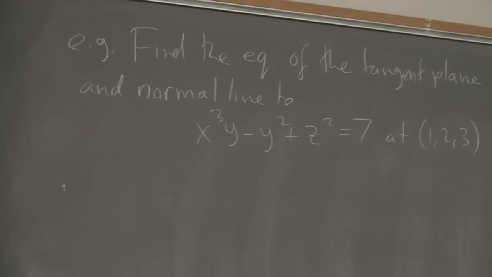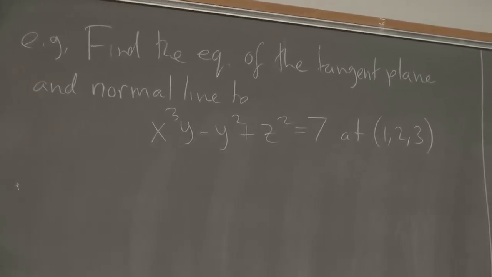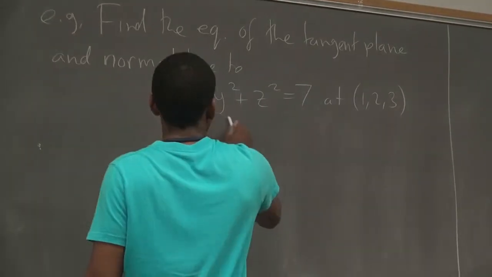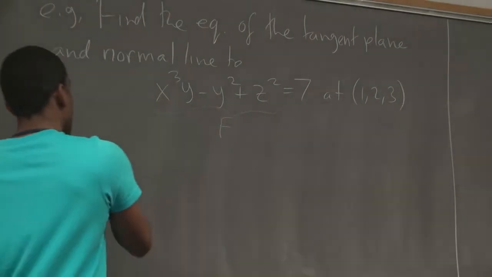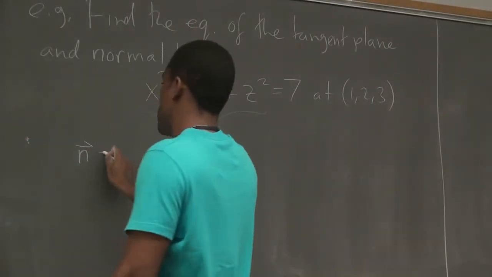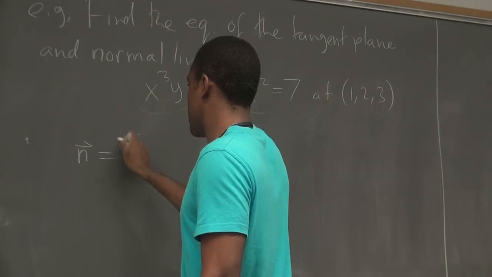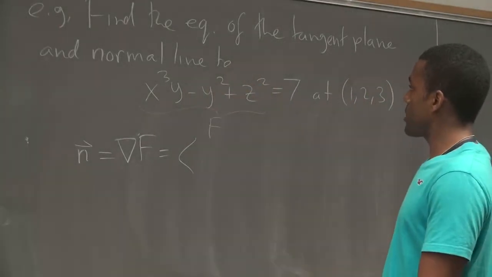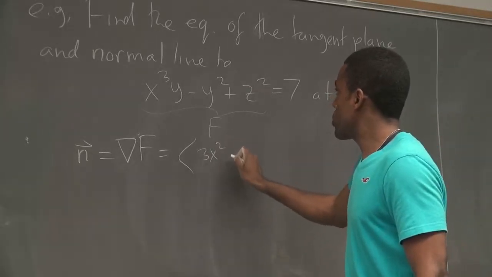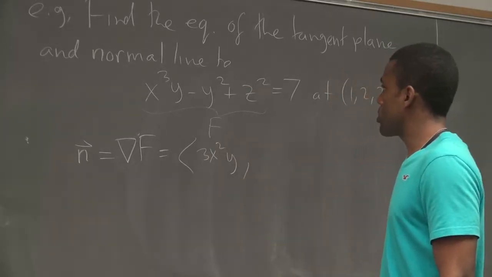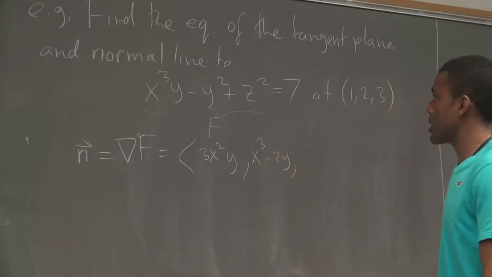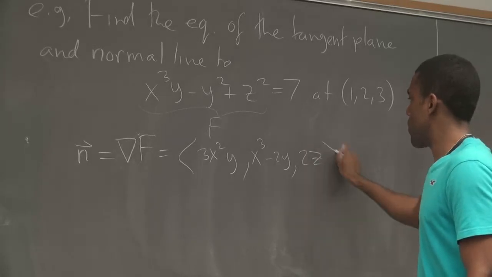Okay, quickly, tangent plane. Take this guy as your big F. So the general formula for the normal vector is going to be that guy. I'm going to take partial with respect to x, 3x squared y, comma, partial with respect to y, x cubed minus 2y, comma, partial with respect to z, 2z.